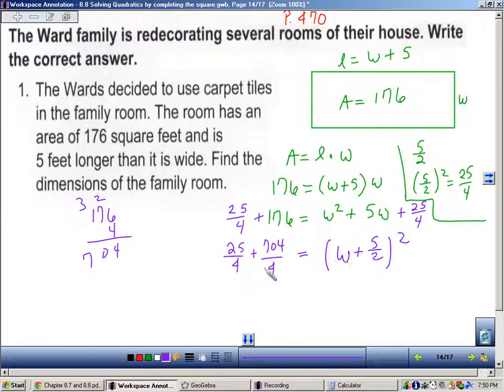An ugly looking question. And so 729 over 4. And that's going to equal, take the square root of each side.